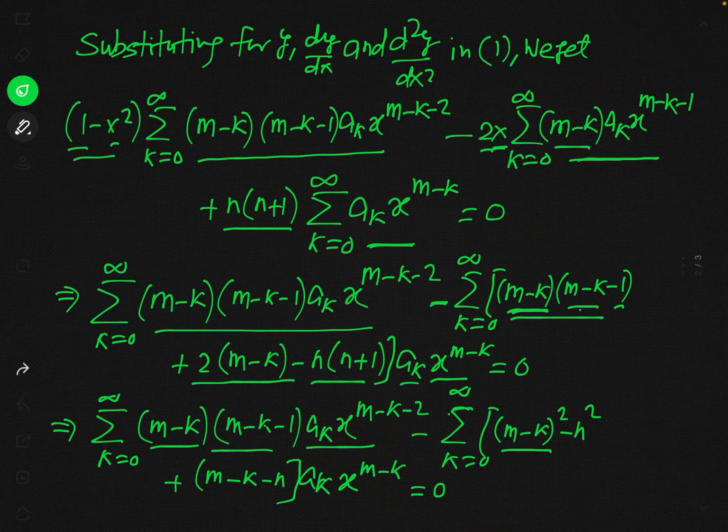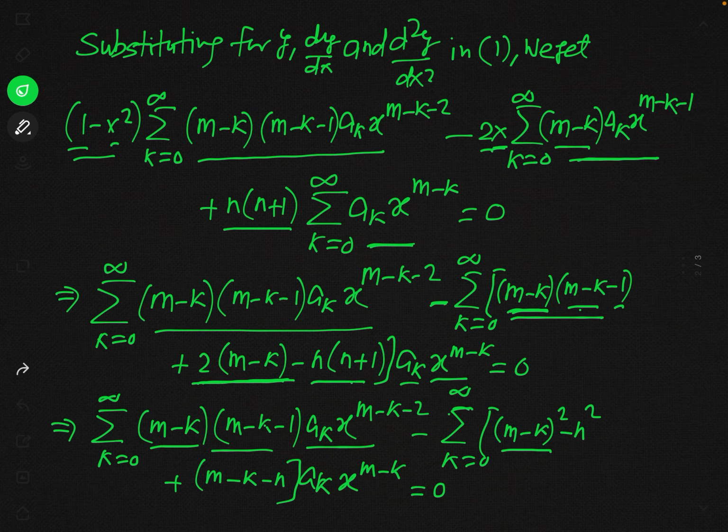And then we will multiply by this m minus k into minus 1. So that will be minus m minus k. And you can see here there is a term plus 2 into m minus k. So 2 into m minus k minus m minus k, then our result will be simply m minus k.